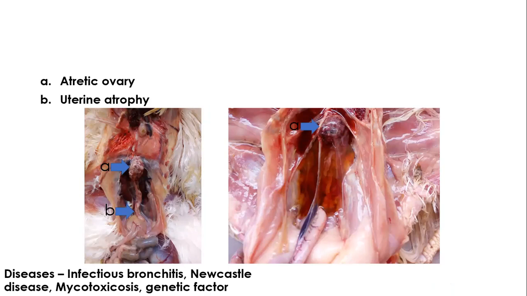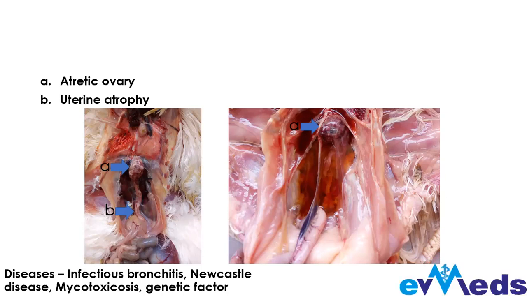It was initially big and active, but now you see that it is shrinking, which means that it was once active, but after a while it became inactive and is now degenerating and resolving. So that is uterine atrophy.